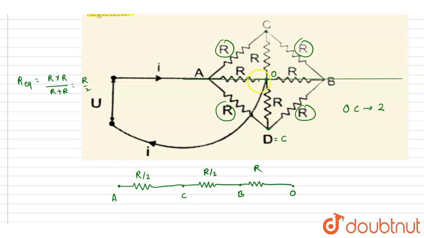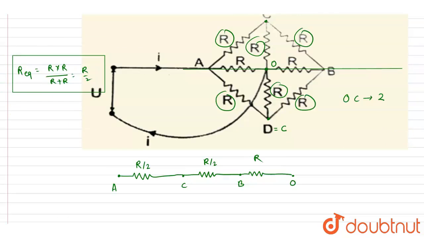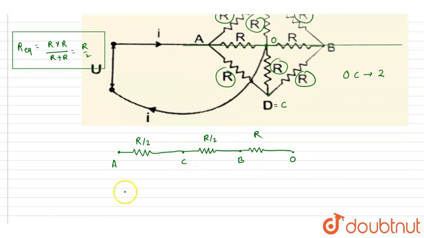Since two resistances are there between O and C, they will be in parallel. When the two resistances R and R are in parallel, it will be R by 2. So between O and C, I will draw a resistance R by 2, like this.